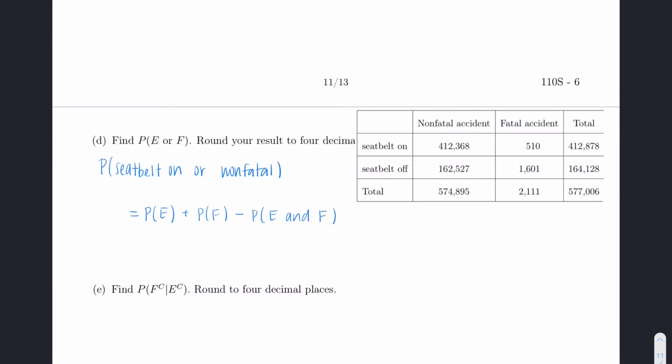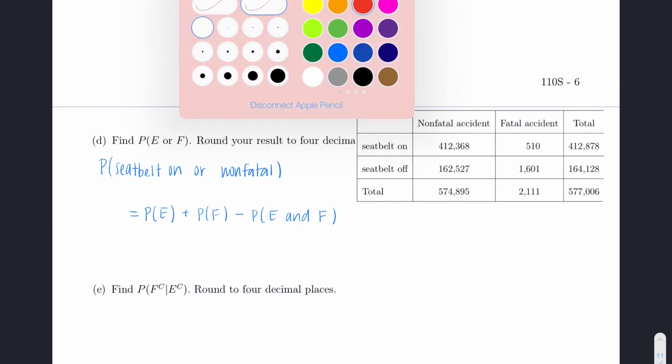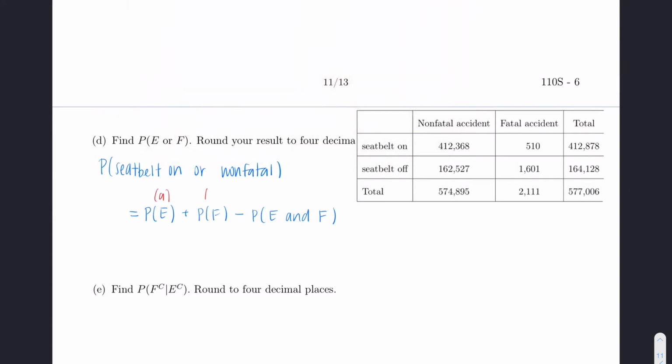And so I found all of these pieces already. This was what I found in part A, this is what I found in part B, and this is what I found in part C. And so here you get 0.7156 plus 0.9963 minus 0.7147. After doing all of that, you get 0.9972.